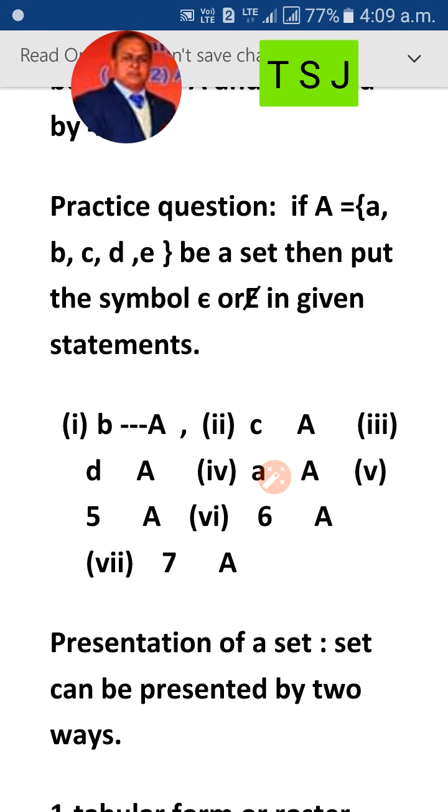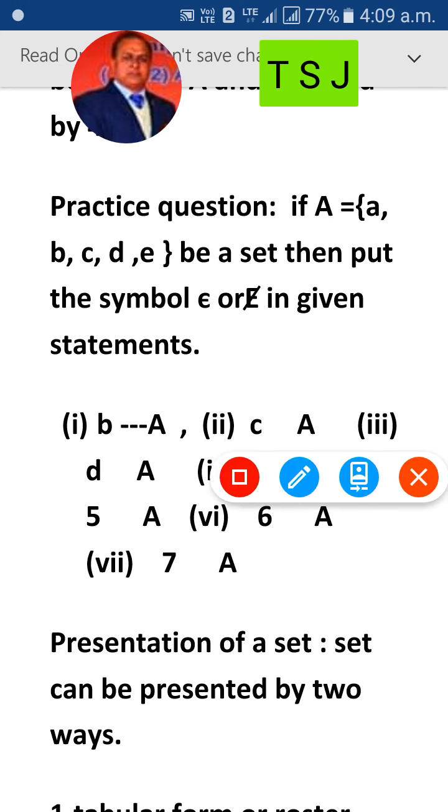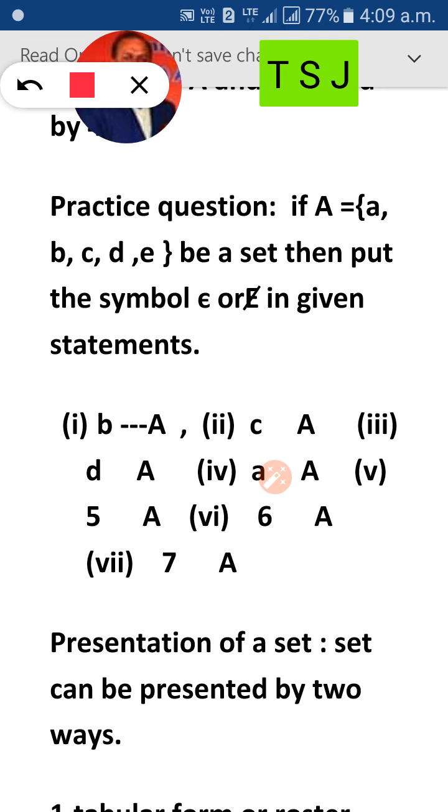and this is denoted by the symbol not belongs to. A few practice questions are here. You have to put the sign belongs to and does not belong to in between these elements.